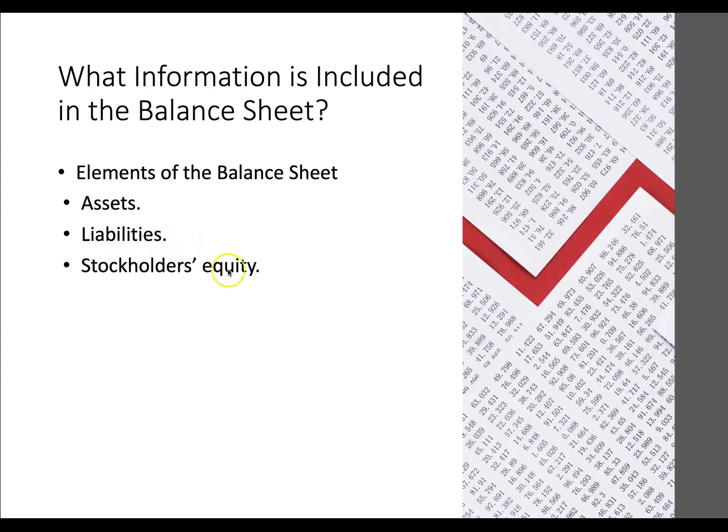The rest goes to stockholders' equity, or stockholders' claims. Now, stockholders have two parts in their claims. One is their contributed capital, which they pay to purchase the shares at the beginning of the company's operation. Once the company starts operating, the shareholders get the profits accumulated in the company, which are represented in retained earnings. All right. So this is the idea of the balance sheet and its elements.